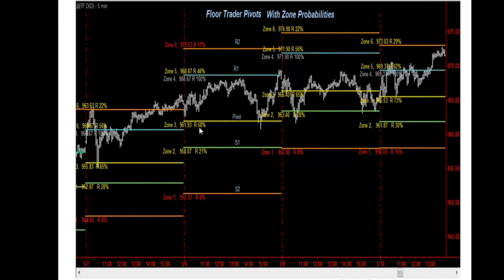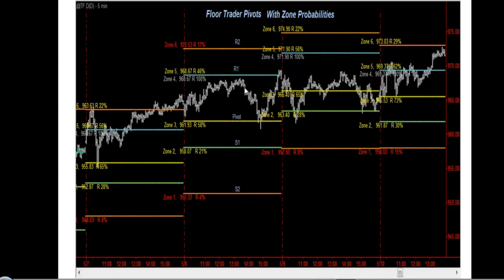I'll have a 58% chance that it's going to get down into this zone, only a 21% chance that it's going to get down into this zone, and only a 4% chance it's going to get down into this zone. So I have a pretty good idea of the probabilities for where the price is likely to go today. And you can see that, on this particular day, basically it stayed within this one zone.